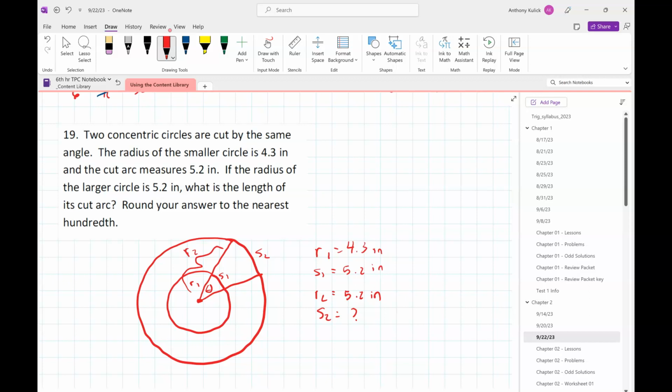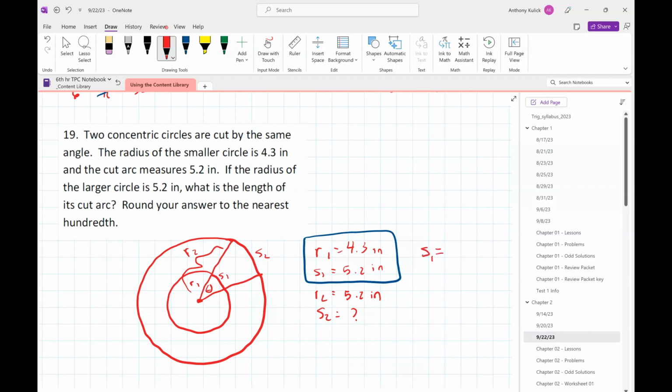So the big observation is that the theta is going to be the same in both sectors, right? The sector for the little circle is going to have the same theta as the sector for the big circle. So I have enough information in the little circle to solve for that theta.